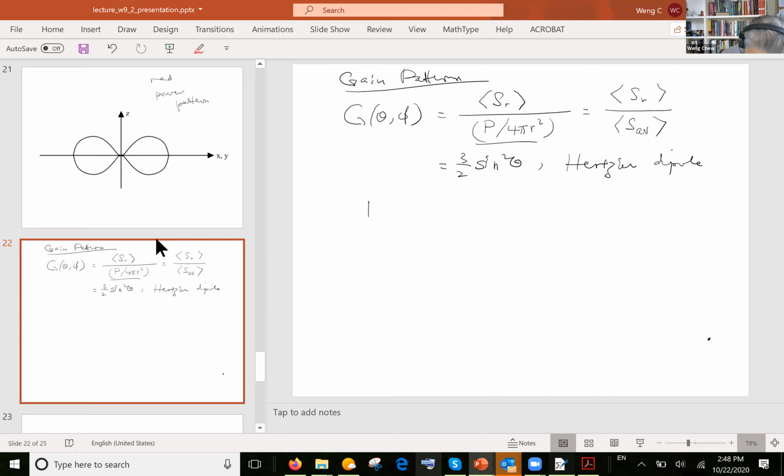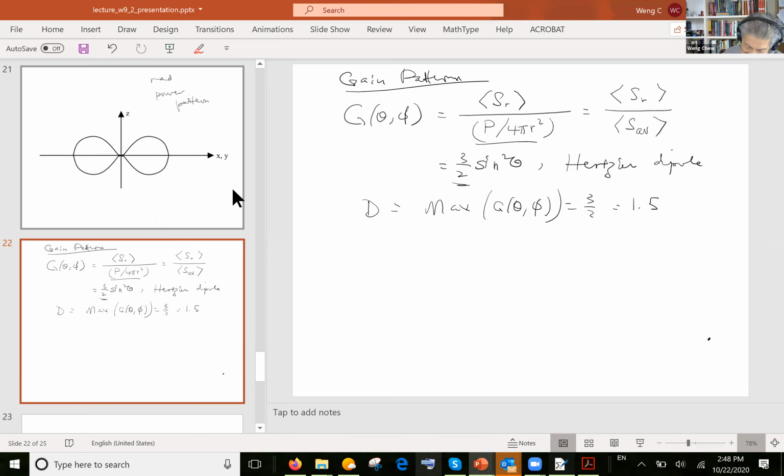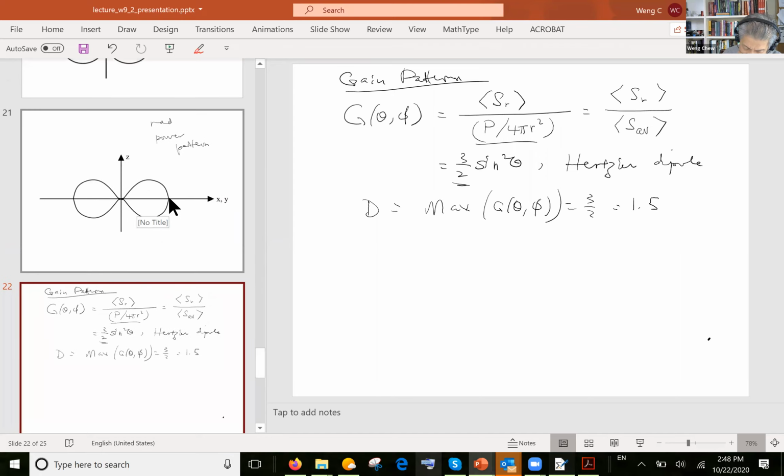And then the directivity is defined to be the maximum of this function. For this, its maximum is 3/2, which is 1.5. So we say that the directivity of a Hertzian dipole is 1.5, which is essentially the maximum value on this plot over here.